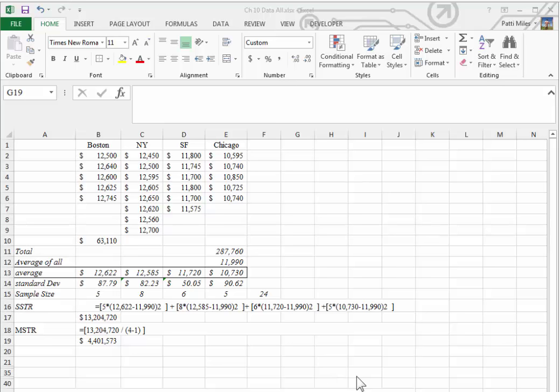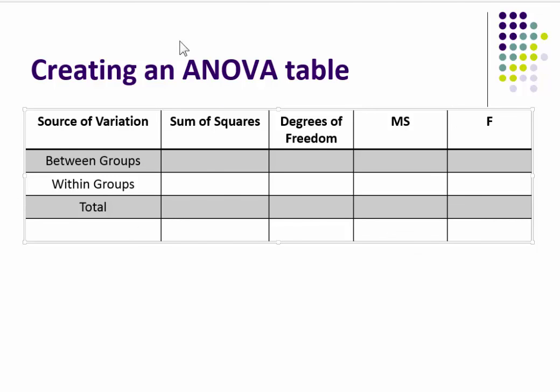So it's important. So what I'm going to do is take these numbers that I've got here, and I've created an empty table in PowerPoint, and I'm just going to transfer the numbers over so you can kind of see how they fit. So the first line in an ANOVA table is always the between group variation.